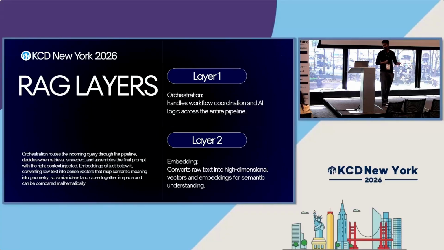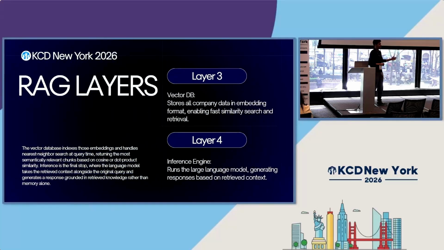The embedding layer is responsible for converting all the questions asked to the AI model into vectors or embeddings. Then the vector database, which is the third layer, is responsible for storing all your company's information in the form of vectors. And you can use similarity search patterns to fetch relevant chunks based on the user query and pass those to the fourth layer, that is the inference engine.